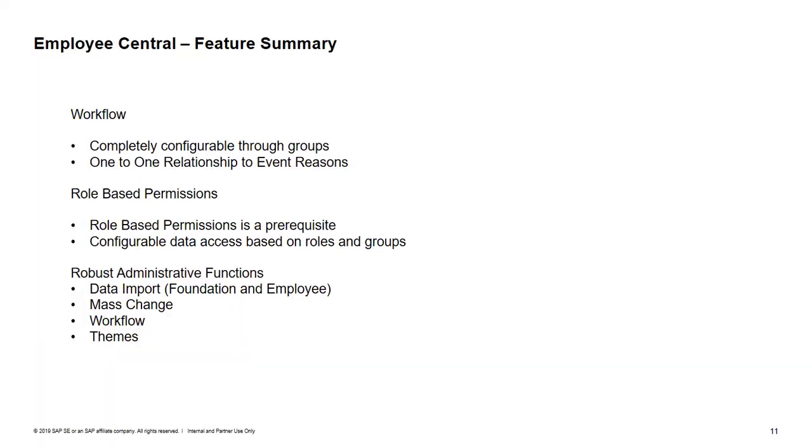RBP, which is role-based permissions. Every employee, when they log into the system, now I am an employee. I'm just an employee working for some company, okay, where I have SuccessFactors as an HR product. Now, when I log into SuccessFactors, because I'm an employee, I can see all of the information that HR has maintained for me. My personal information, my contact information, my address information, my previous experiences, my education details.